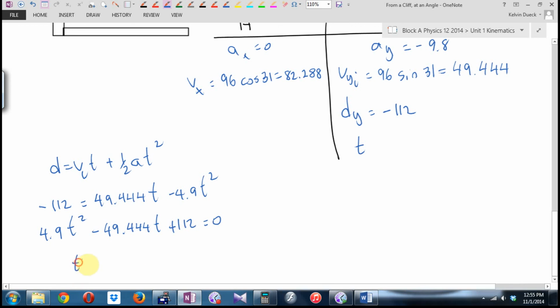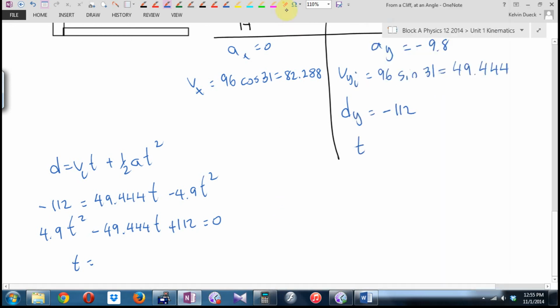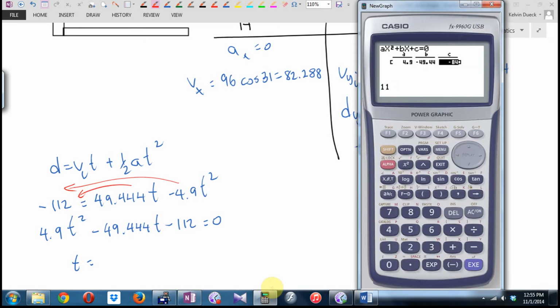And now I'm going to cheat and go to my quadratic solver. That's still 4.9, negative 49.444 and positive 112. Nope, not positive, Mr. Dueck. You solved your equation wrong. It was negative because you moved everything to that side. So this would stay negative. Sheesh. Thank goodness I caught that.